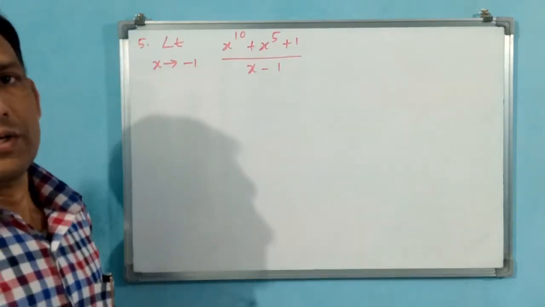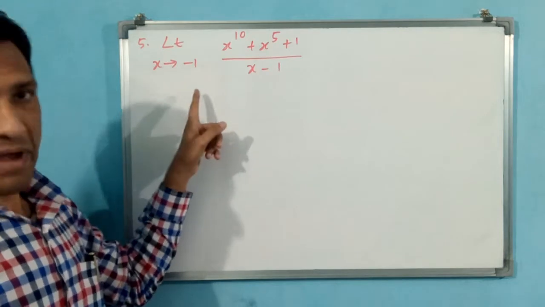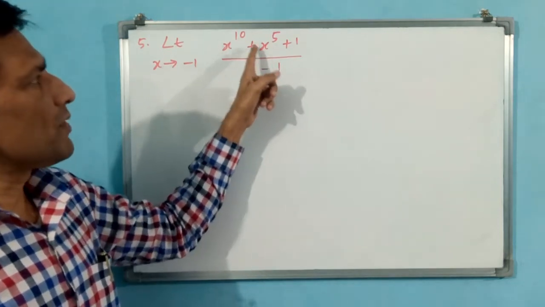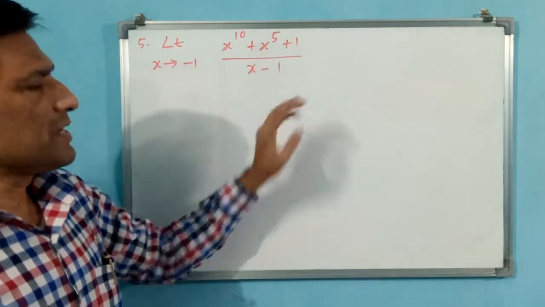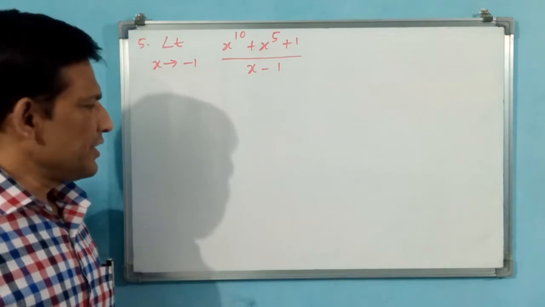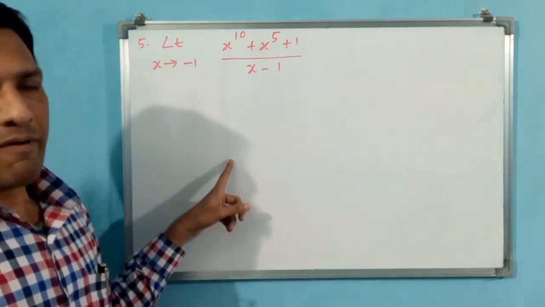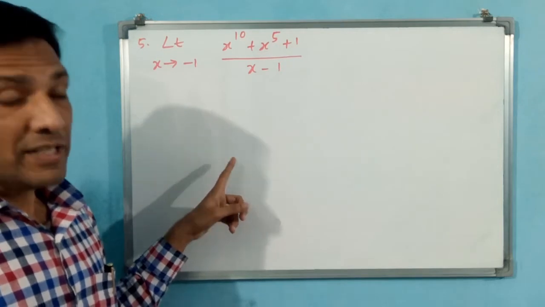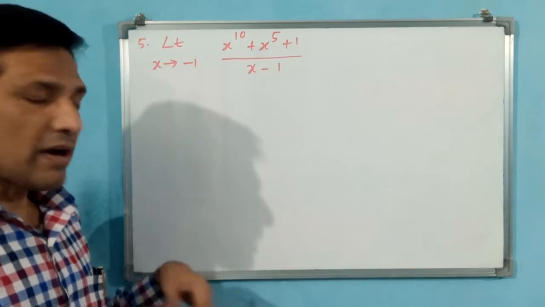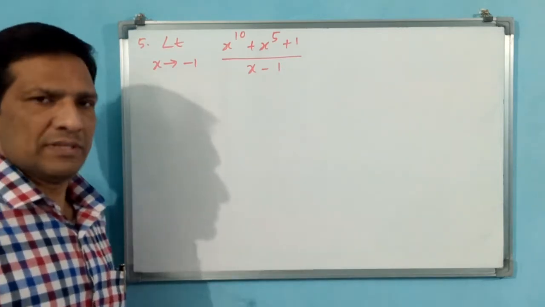See the fifth question. Limit x tends to minus 1, x to the power of 10 plus x to the power of 5 plus 1 by x minus 1. Normally we know that for a number with a minus symbol, if the power is an even number, then it is going to become positive. What the value is, that is a different thing, but positive or negative we have to see. If 1 is there, it is 1 only.